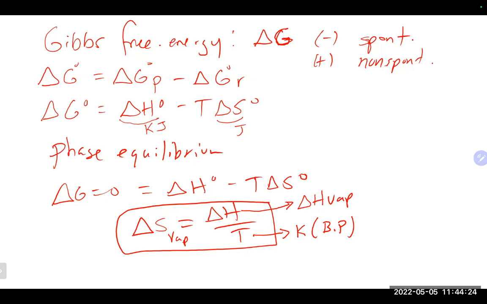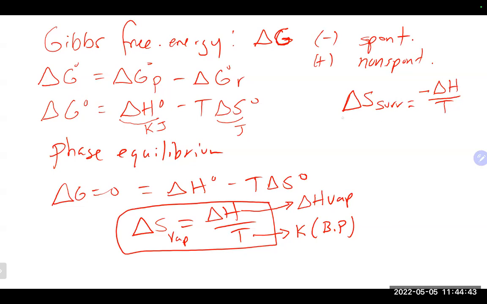Remember that when you do this rearrangement using that equation in a phase change situation, there is no negative there. And this looks just like what we saw earlier on in this chapter where we calculated delta S of the surroundings, which is negative delta H of the reaction over the temperature.